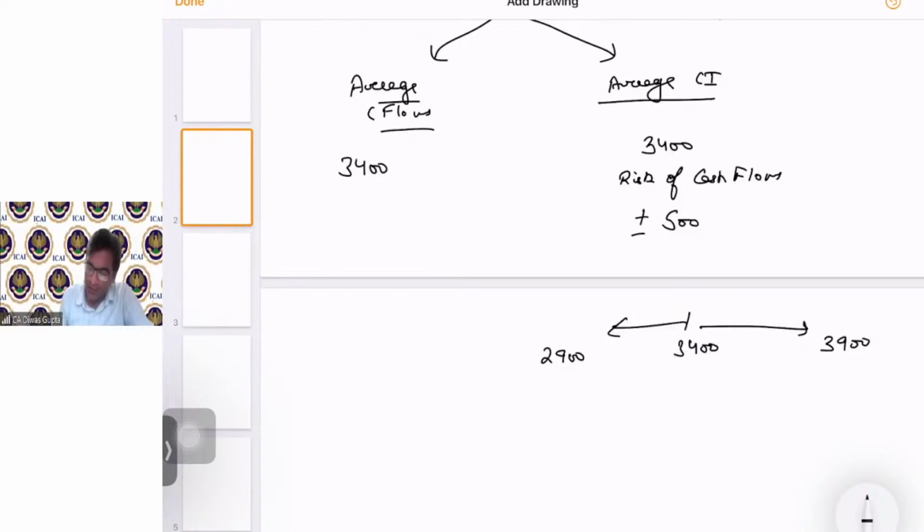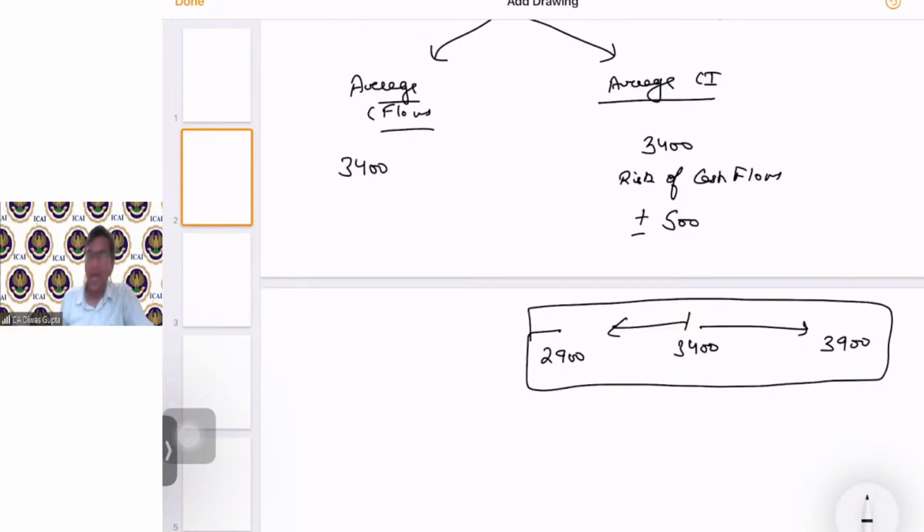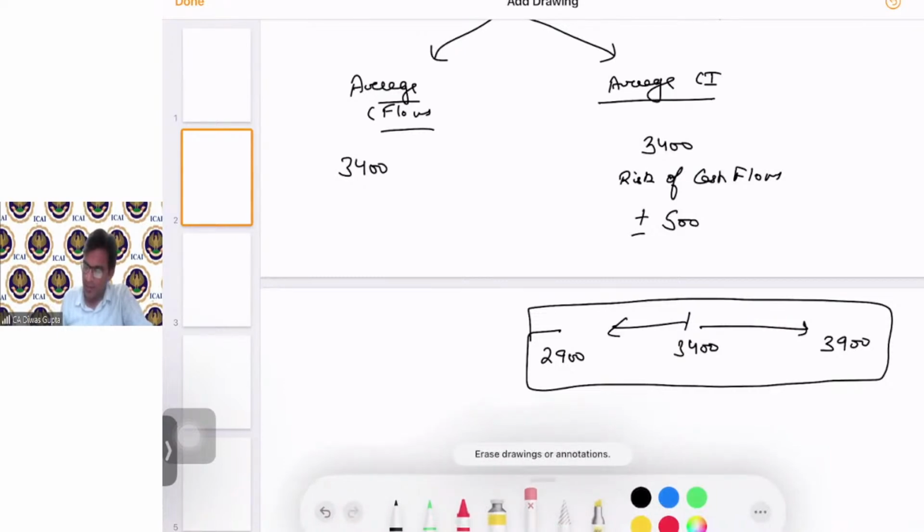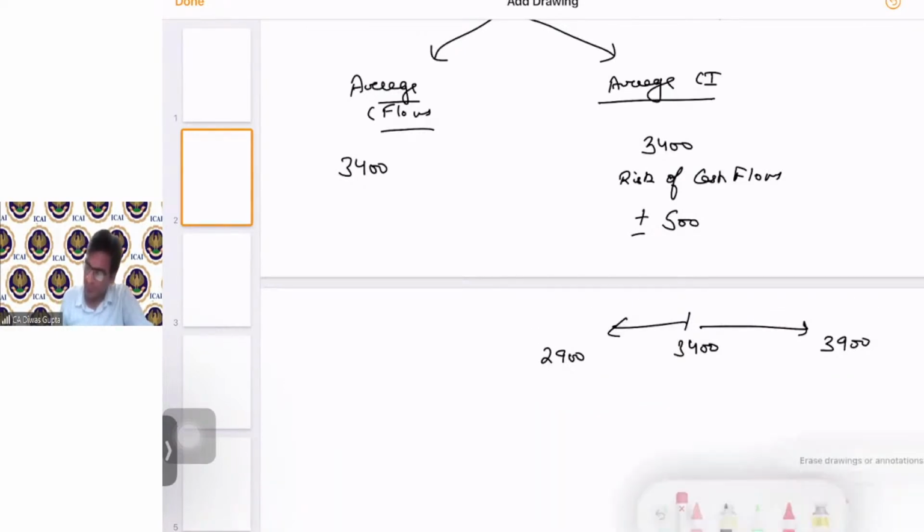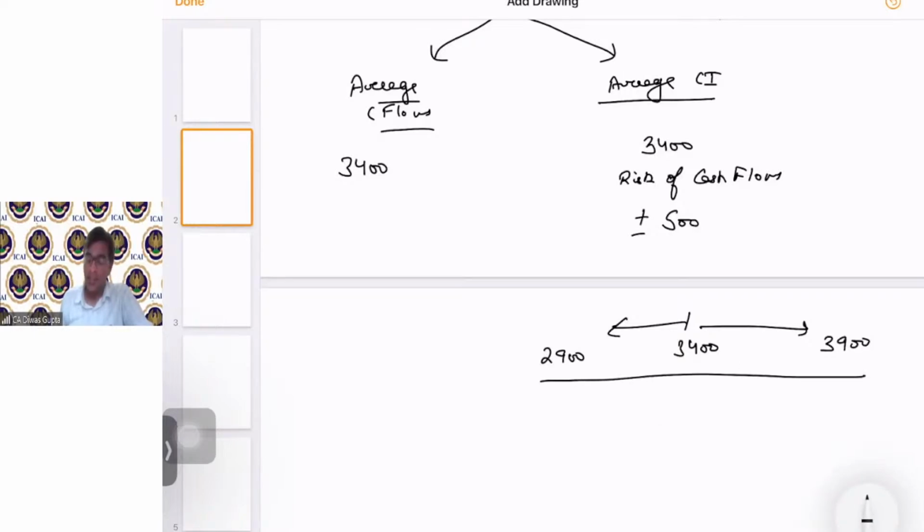So don't you think this information is better for analyzing any capital budgeting decision? Instead of only saying 3400 is going to be the average cash flow, I say 3400 is the average, but there is an upper range and a lower range attached to it on account of risk.